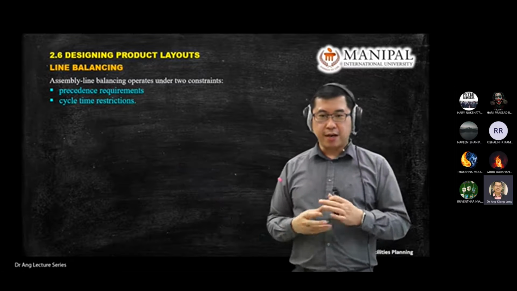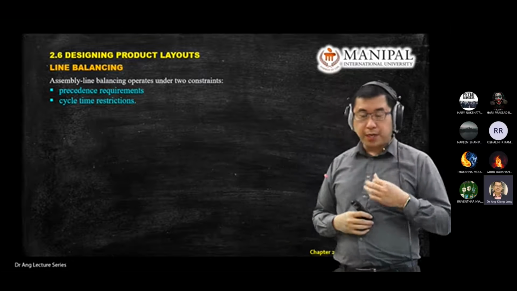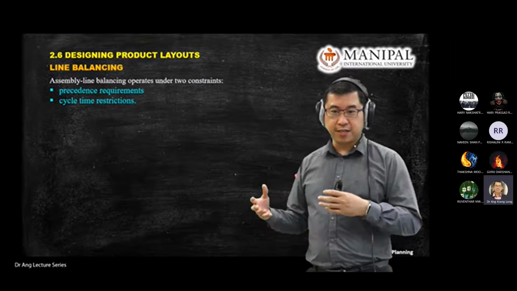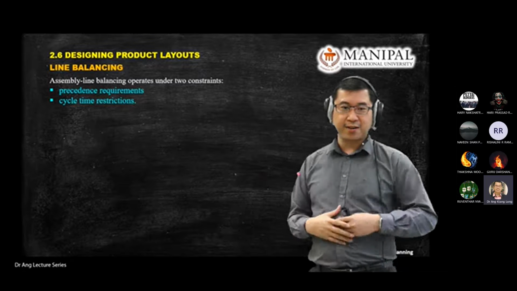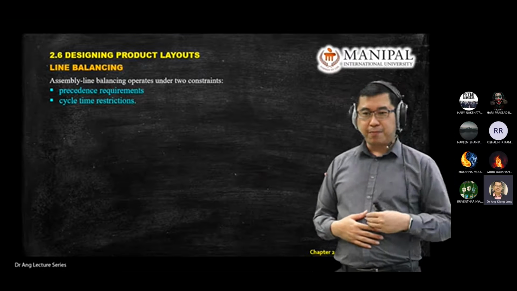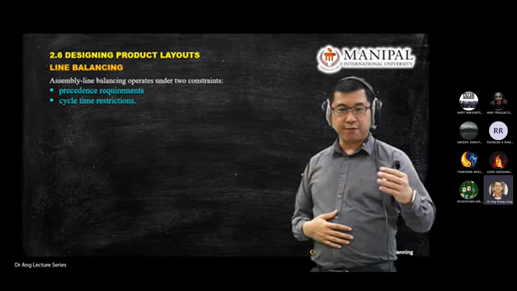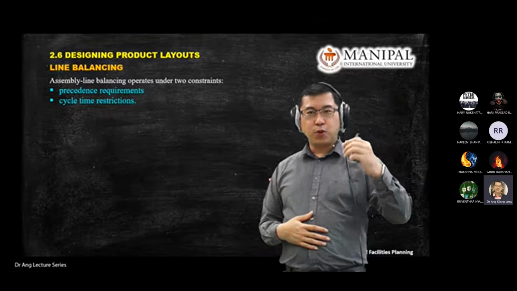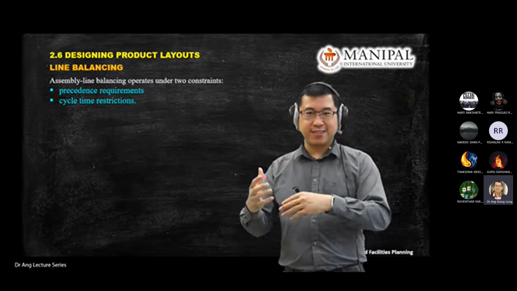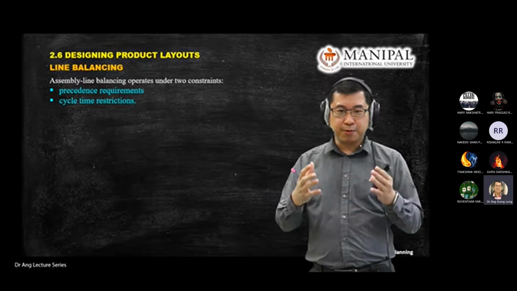I'll give you an example. Normally, when you go into the gift shop, what is the last process? Wrapping up the gift, right? You have to buy the gift first. You won't wrap up the gift first and then buy. So there is a precedence requirement.